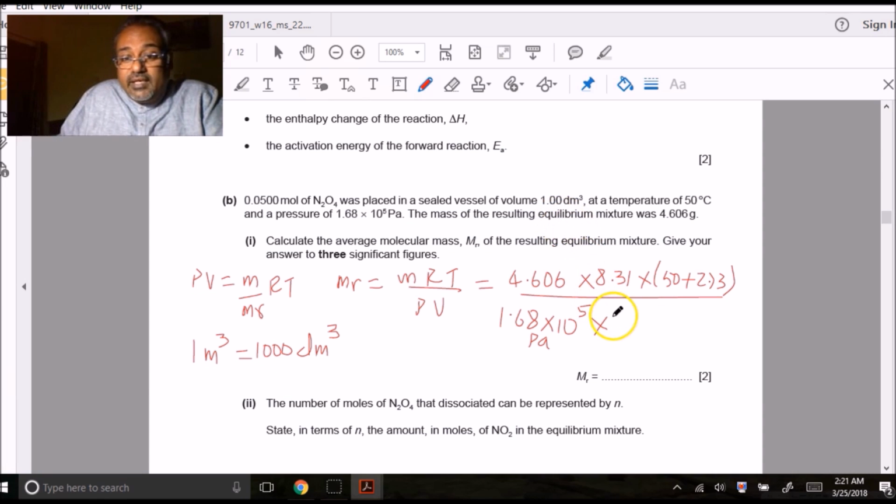So 1 dm cube becomes 1 times 10 raised to the minus 3 meter cube. Now I have everything correct. Remember, I can keep the volume in dm cube, but I must then keep the pressure in kilopascal. When you punch in all the numbers, you should get 73.6 as your answer.